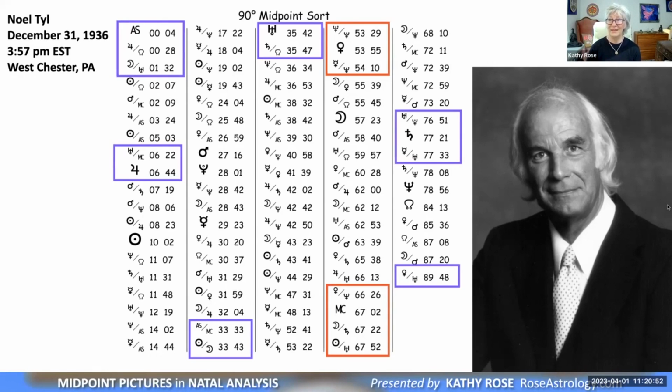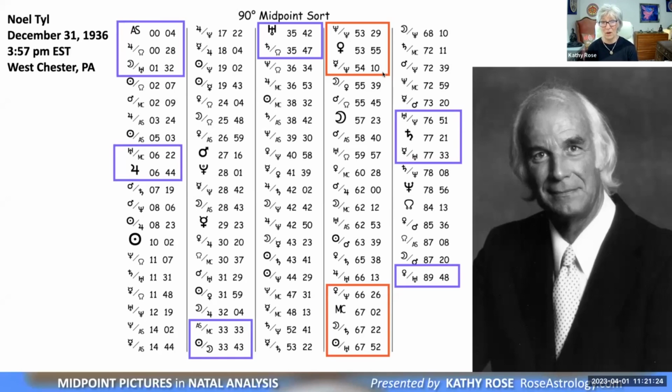Since we're talking about singing and the whole creative world that Noel had, let's look at those midpoints, which are highlighted in red. I need to breathe for a second. Now I'm feeling Noel's energy very strongly. Here we have natal Venus equals Mercury, Neptune. Feel that. Can you easily put together a sentence that says, this guy needs to be creative?